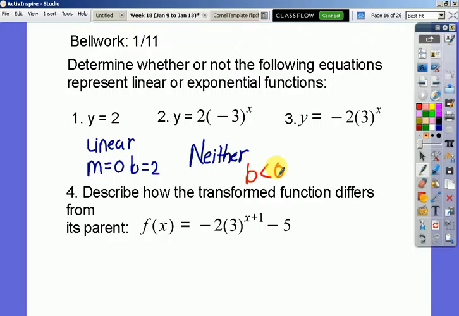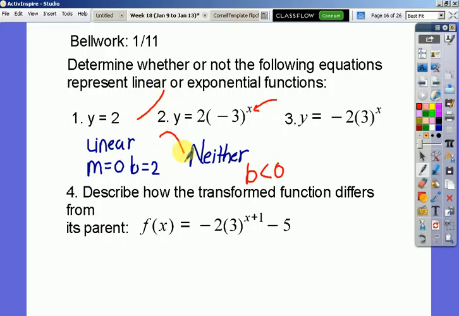And the reason it's not an exponential function is because if we raise a negative by an even exponent, what will the result be? Positive or negative? If we raise it by an odd exponent, what will the result be? Negative. So actually it kind of bounces up and down, right? In our exponential functions, they're smooth curves either going up or going down.